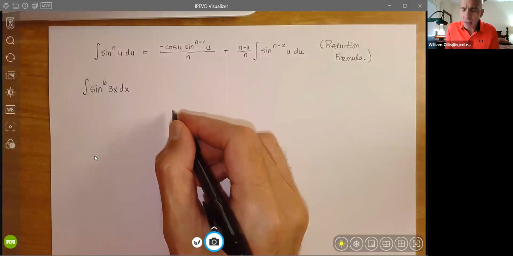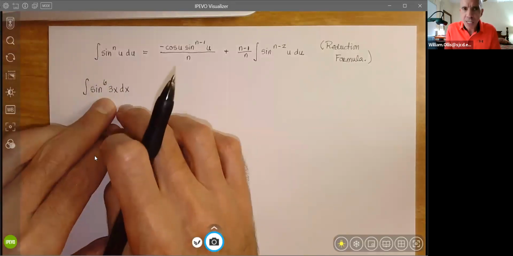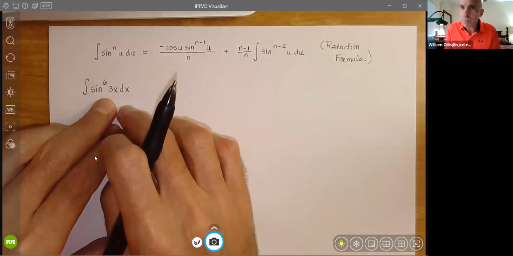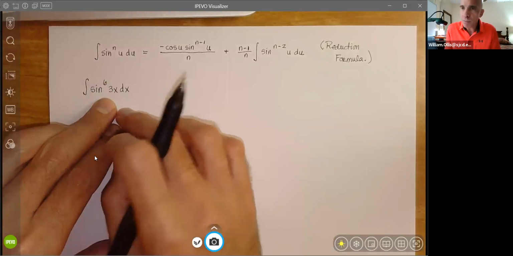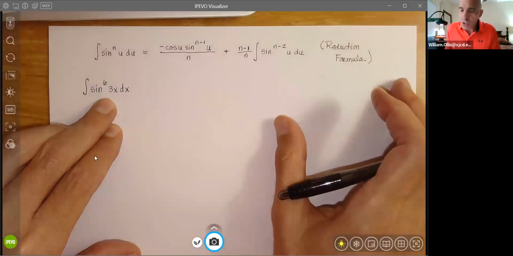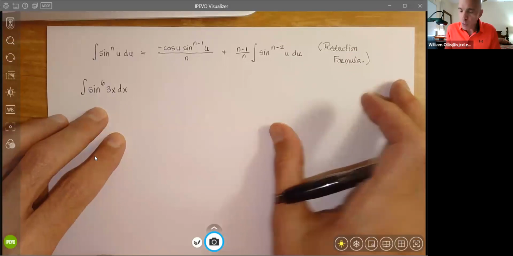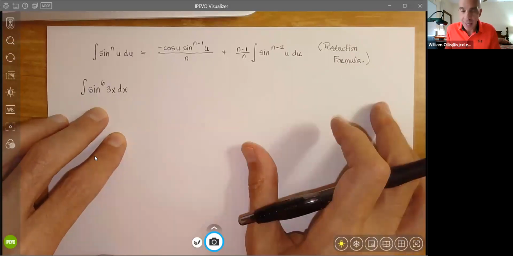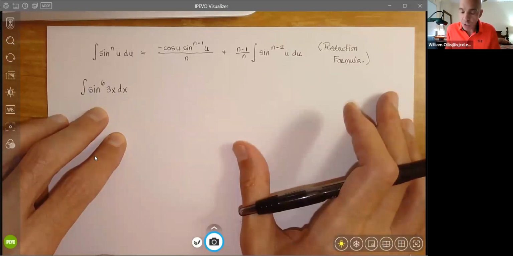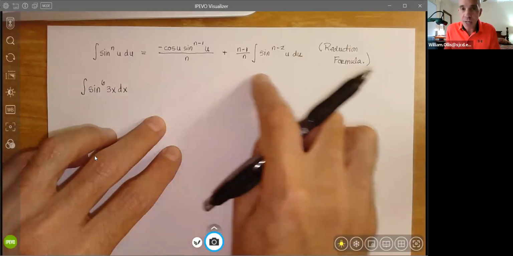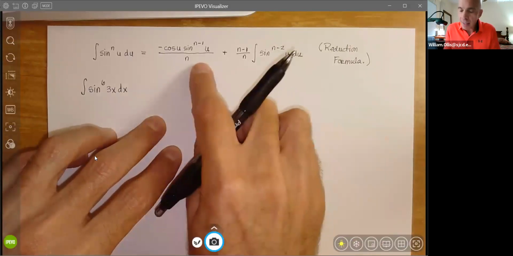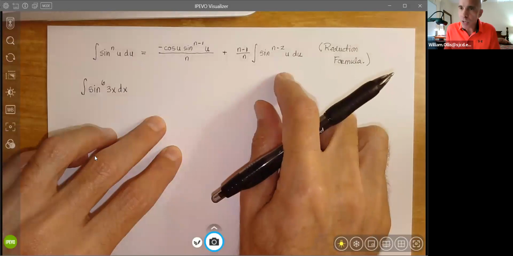And that was fine. But now when we get to the sixth power, we're thinking about cubing a binomial, which provides more algebra. So this is where you can say, if you're in an engineering class or physics class, or even in Professor Ron's Cal 2 class, you can use the reduction formula. And again, you just apply this until you're done.